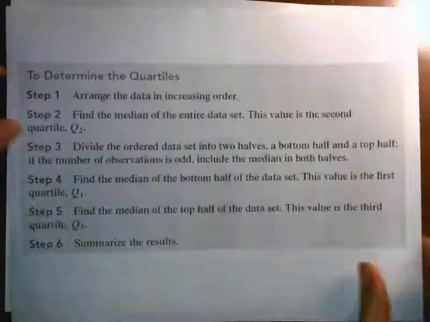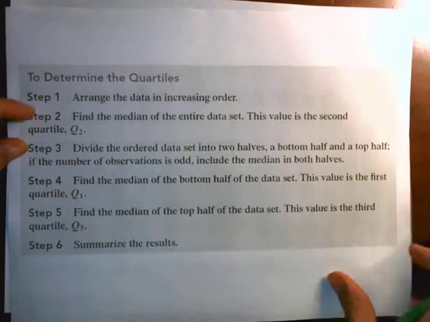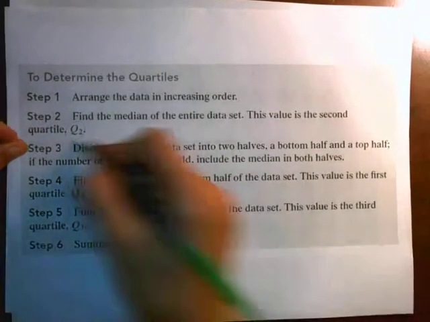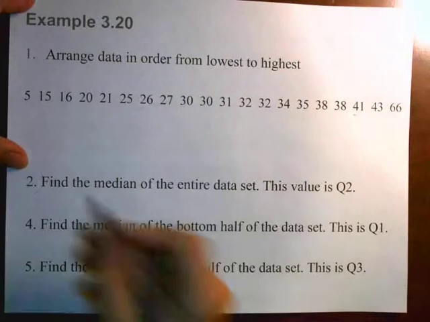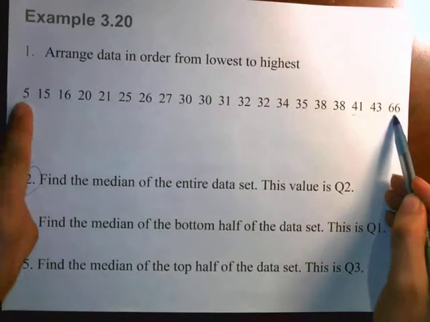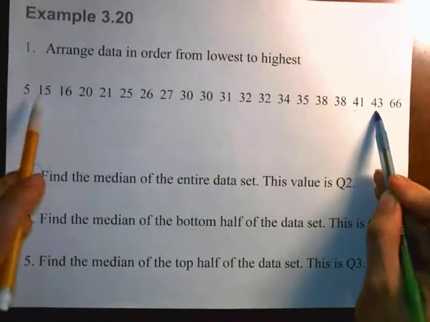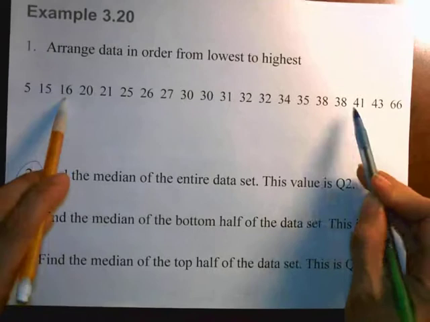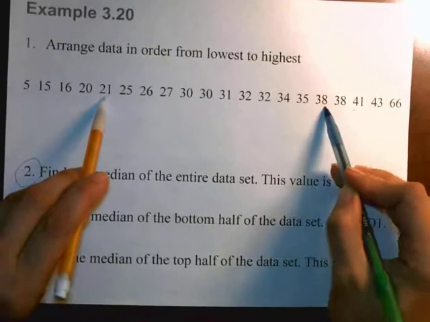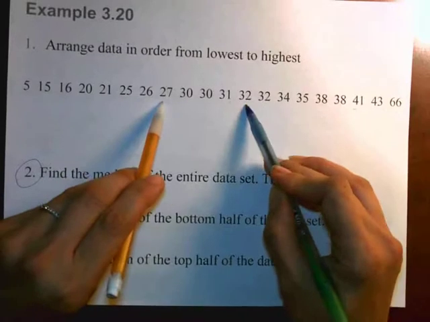Okay, so we're going to follow these steps. We arrange the data in increasing order, and now we're going to find the median of the entire data set. That value is Q2. So let's do step 2. Find the median of the entire data set. I start on the outside. There's my first, there's my first. There's my second. There's my third. Fourth. Fifth. Sixth.